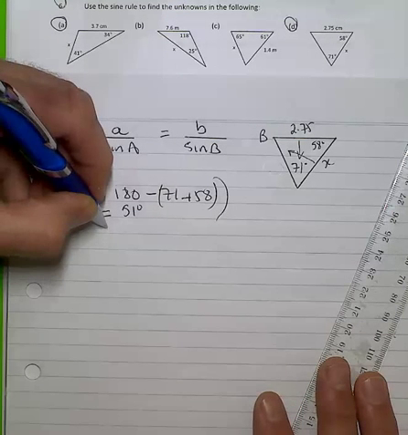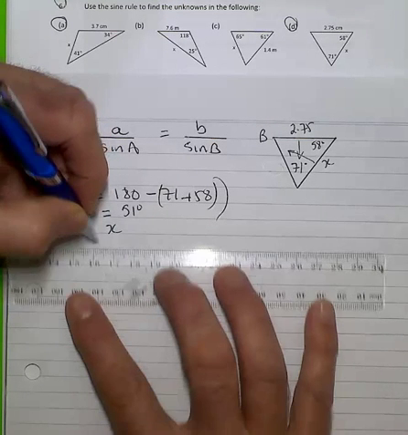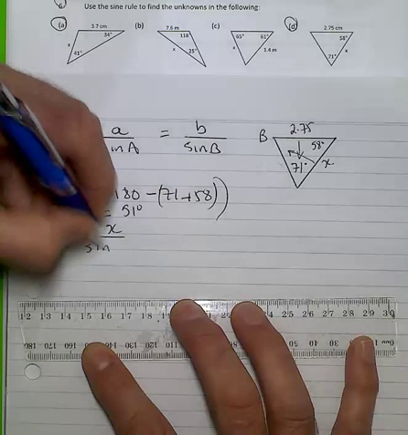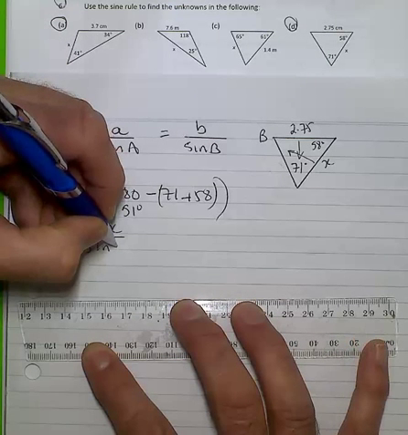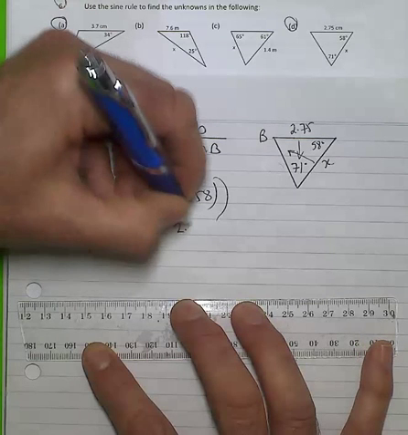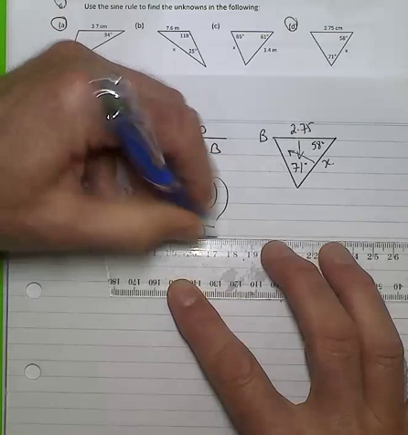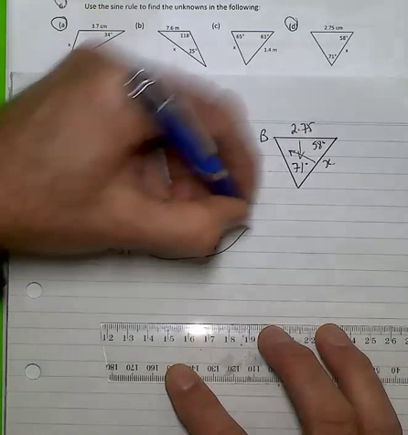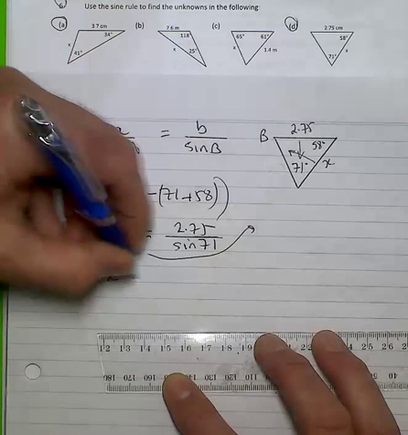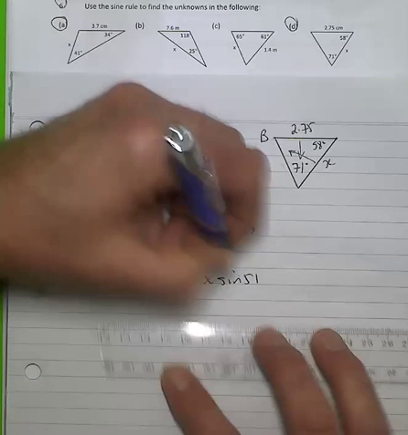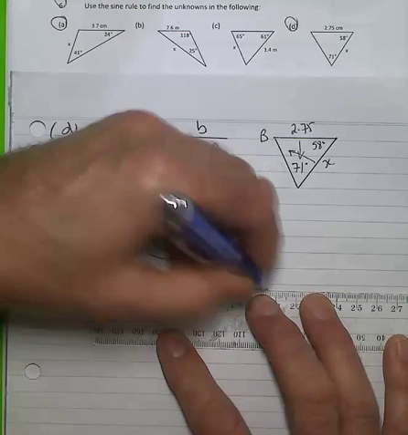So when I set this up, it's x divided by the sine of 51, and that's 2.75 divided by the sine of 71. Bring that over. All I'm doing is division.